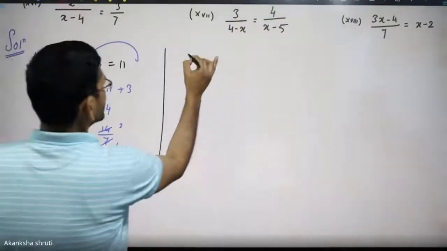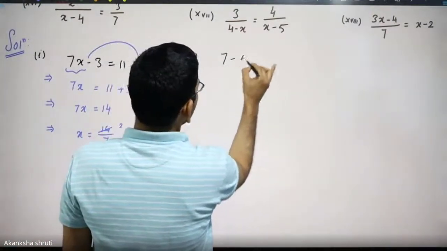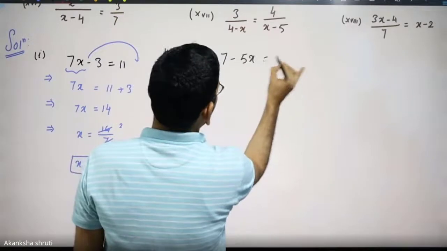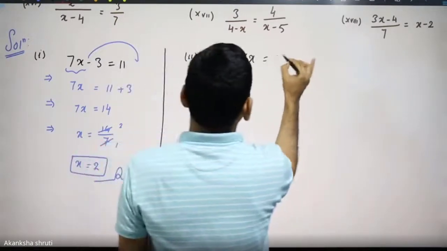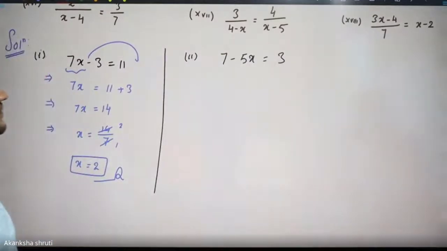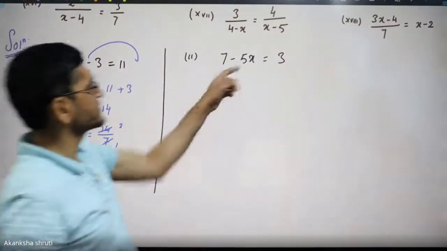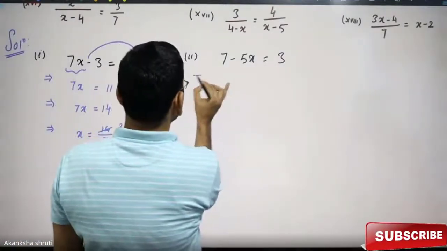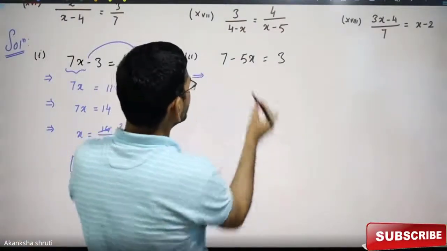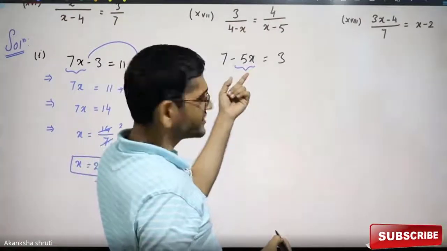Let us take the second question as 7 - 5x = 3. If this is the question, then how do we find x? Student, here x is negative, so you can do it by keeping the variable as it is.